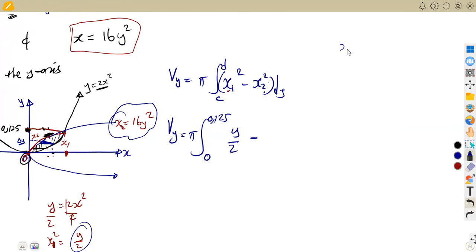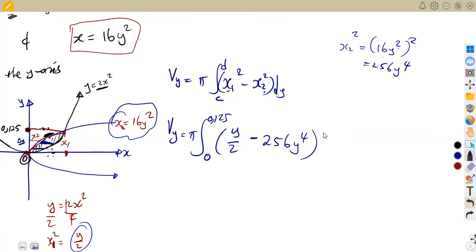So that's 16 squared, which is 256, and y to the exponent of 4, 2 times 2, which is 4. So we've got 256y to the exponent of 4.